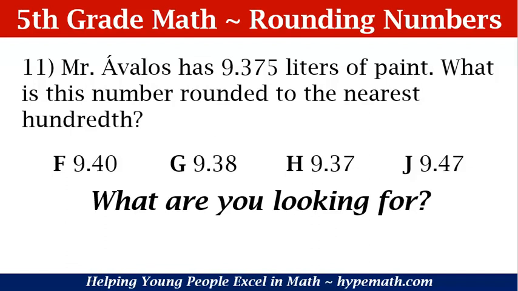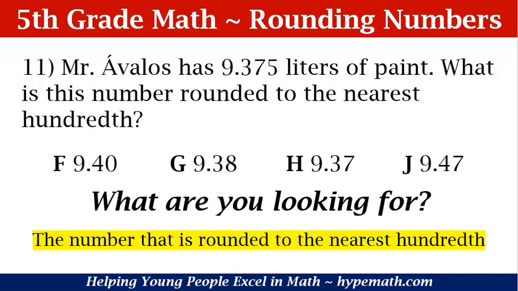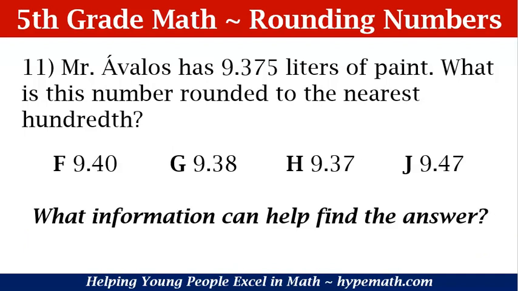The first question we need to ask ourselves is, what are we looking for? This, of course, is an important question because it will determine everything else we collect in order to solve this problem. We are looking for the number 9.375 rounded to the nearest hundredth.